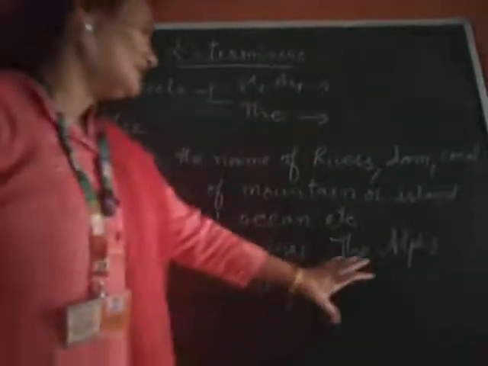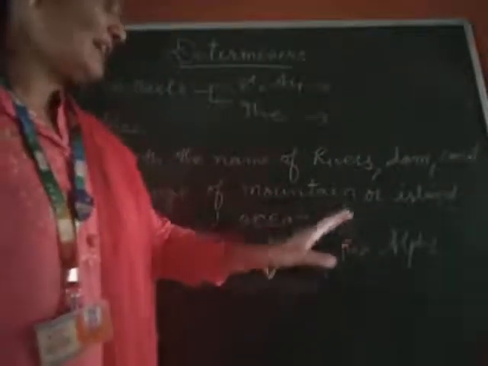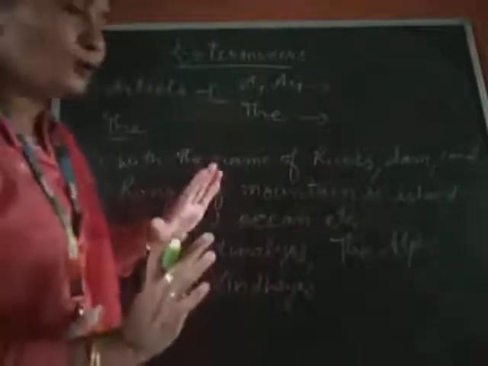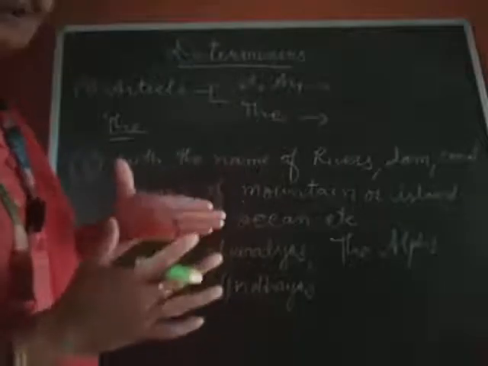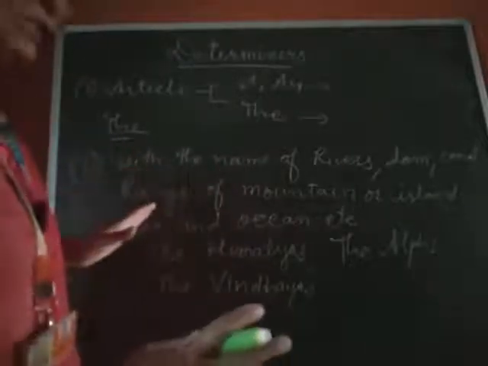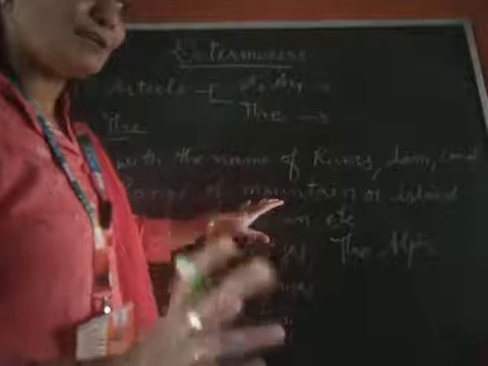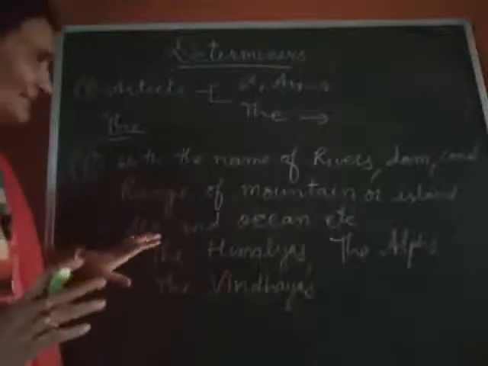So listen carefully, a point to be noted students. Before a range of mountains or islands we will use the. We will not use the before a single mountain or island. Before a range of mountains, like the Himalayas, the Vindhyas, the Alps.